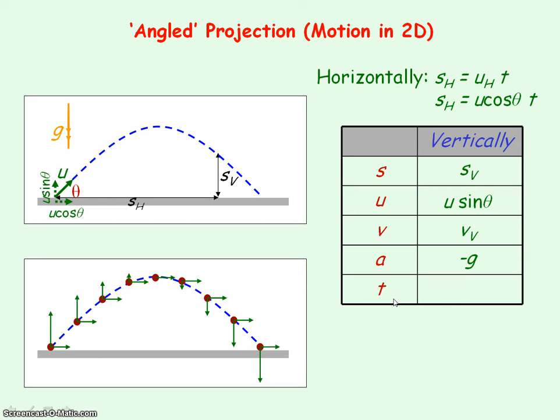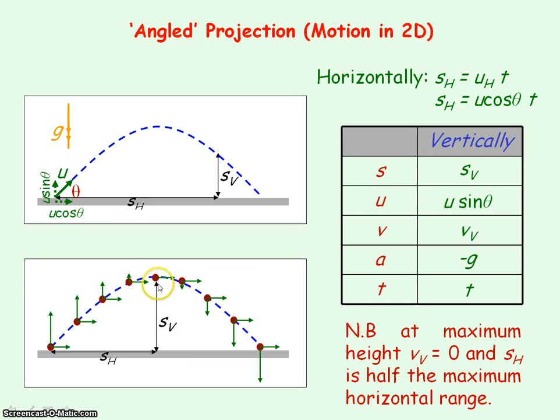And the final quantity will be time t. And it's important to note that at maximum height, the vertical velocity will equal 0, and the horizontal displacement will be half of the maximum horizontal range, and that's assuming the path is symmetrical.